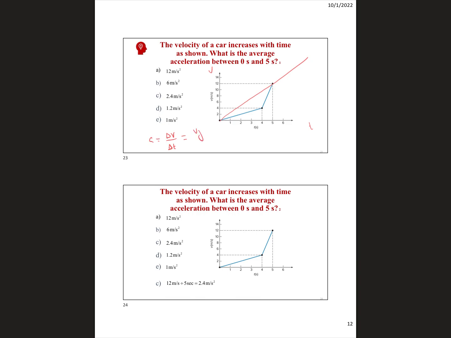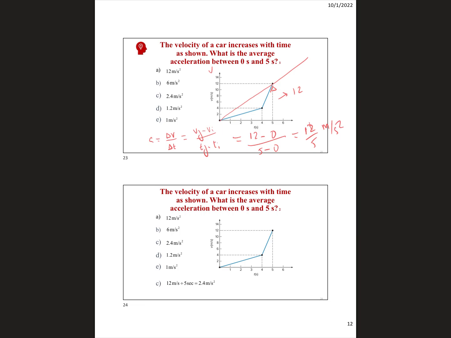V final minus V initial divided by T final minus T initial. What is V final? V final is 12. So it will be V final 12 minus V initial 0, divided by T final 5 minus T initial 0. So the average acceleration is 12 divided by 5 meters per second squared.